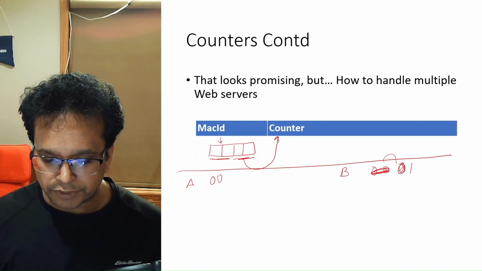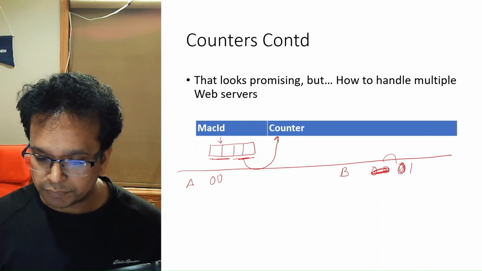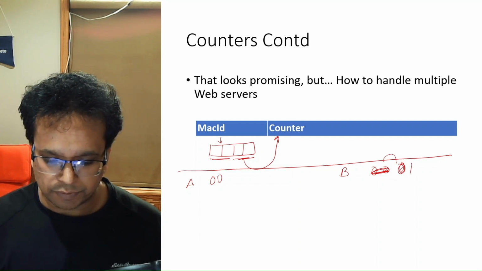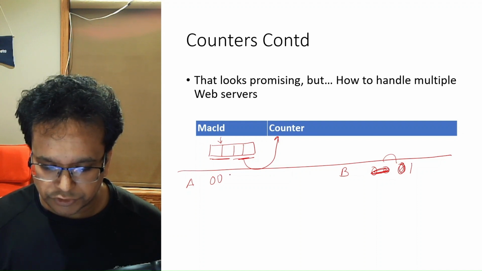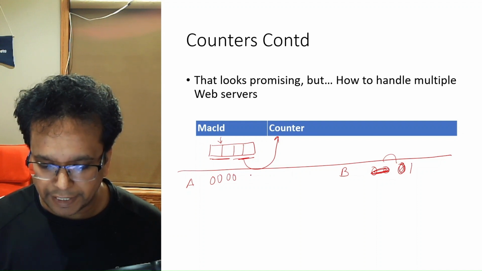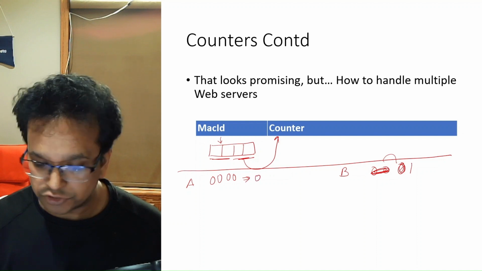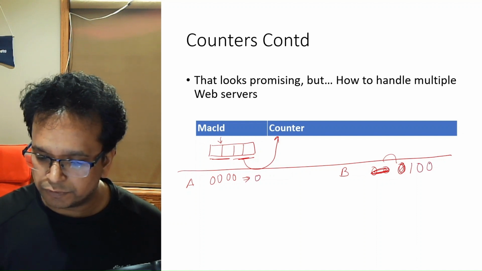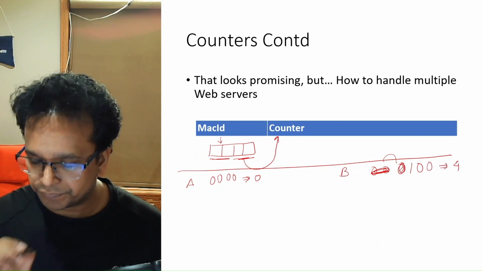Now suppose the first request comes in, and both servers have the counter set to 0. The first request lands on server A, which generates 0000, effectively 0, and on server B it is 0100, which is effectively 4.